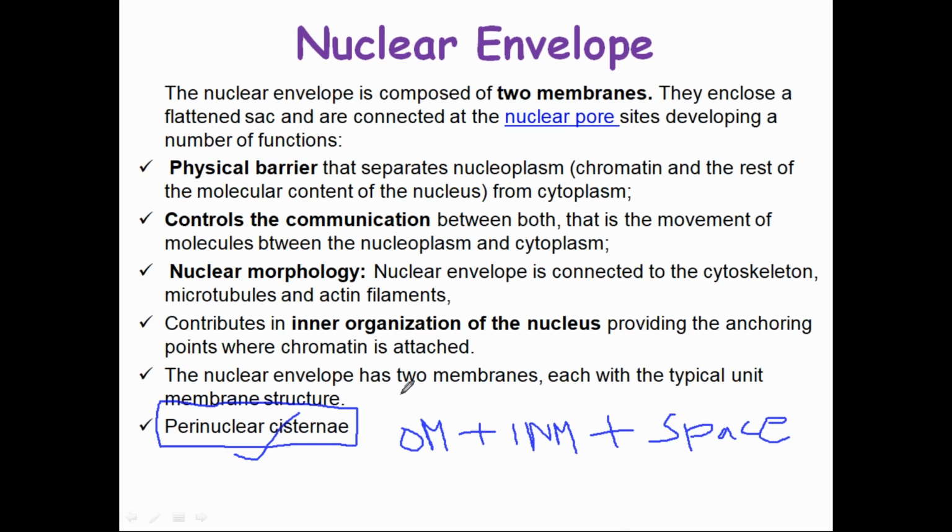Understood? This is your 2-mark question. What is perinuclear cisternae? Outer nuclear membrane plus inner nuclear membrane plus the space. This is outer, this is inner, and the space between them. All the three together constitute the perinuclear cisternae.